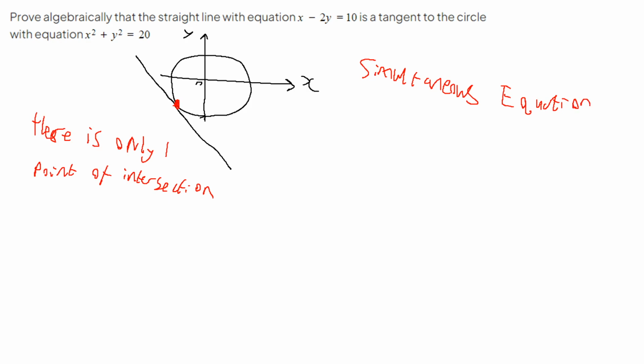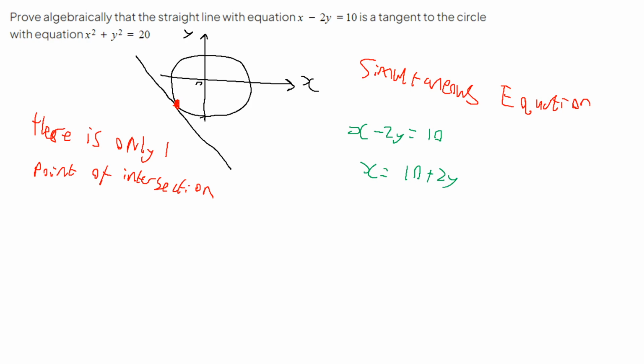Now, we're going to have to use the substitution method because we have an x squared and a y squared. So let's make x the subject here. If x minus 2y is equal to 10, x is going to be equal to 10 plus 2y.